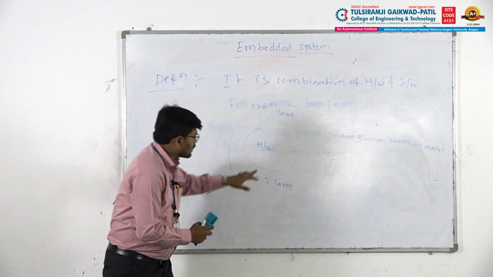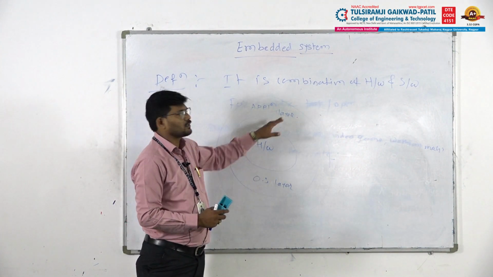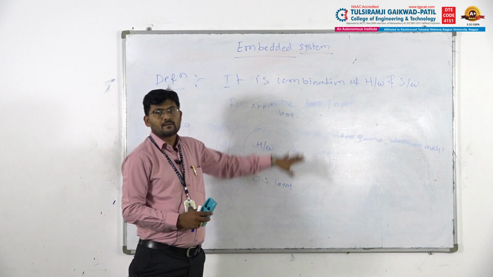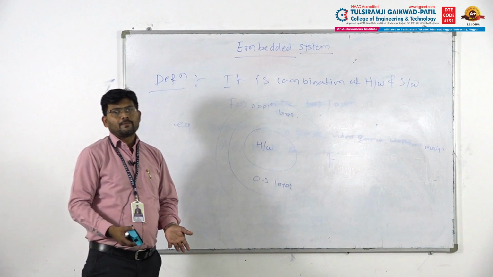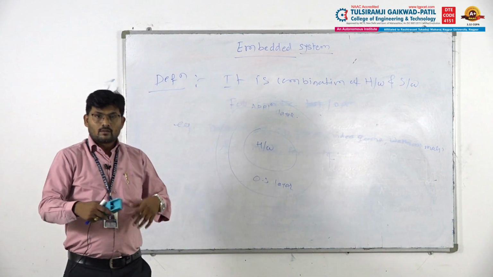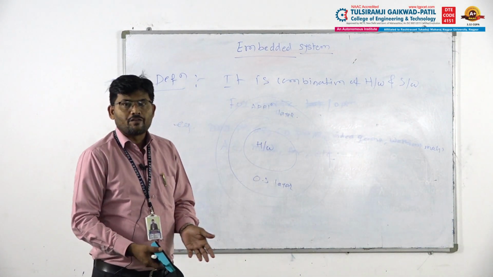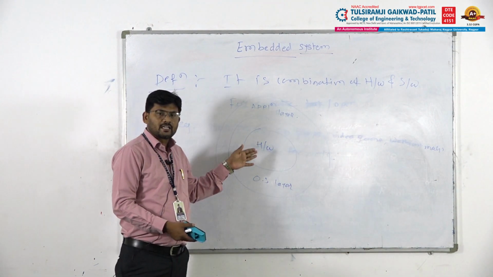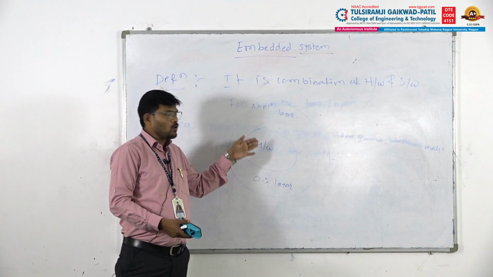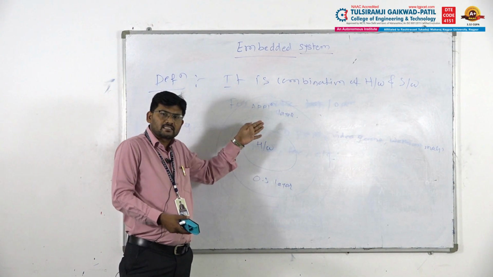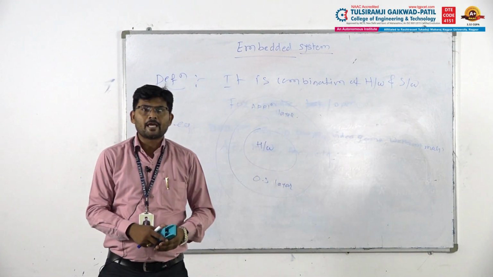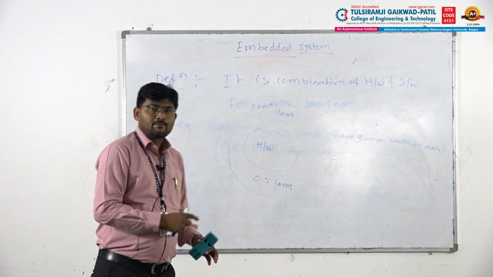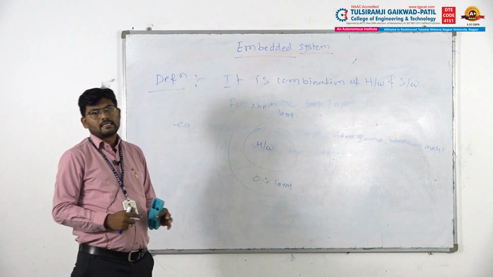It is a combination of hardware and software which performs the different applications. This is the main concept of the embedded system, and for different tasks and operations we consider this layer architecture. According to it, the embedded system performs different tasks. This is the main layer architecture of the embedded system.